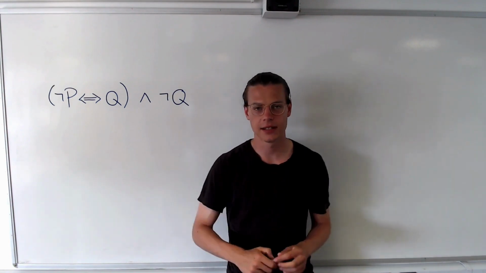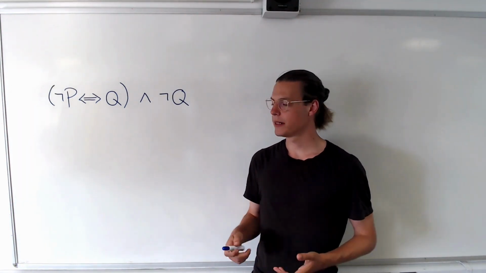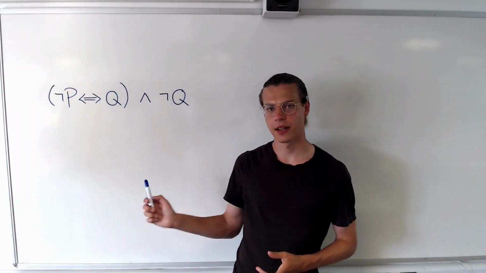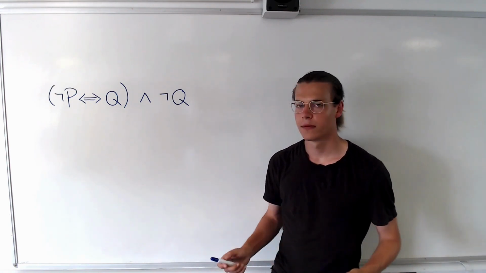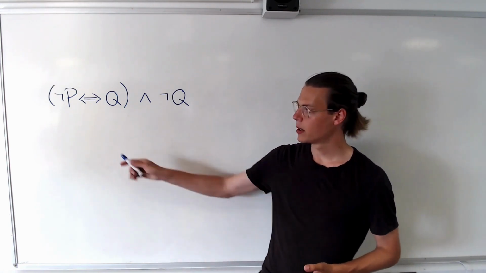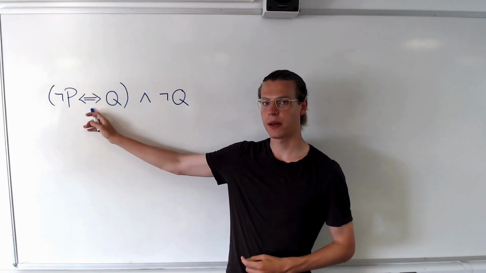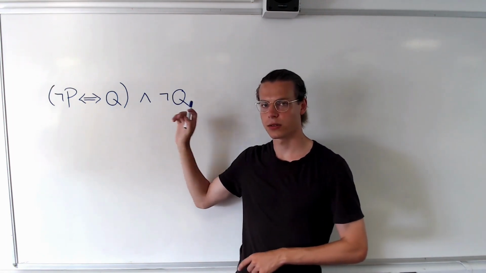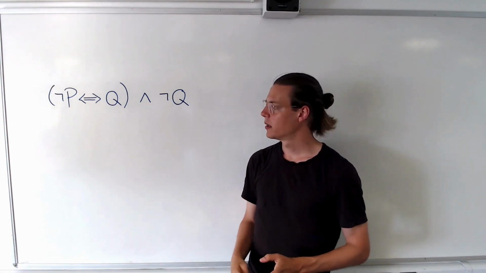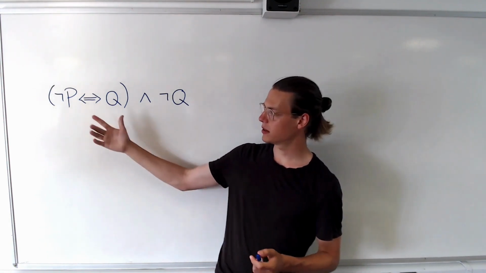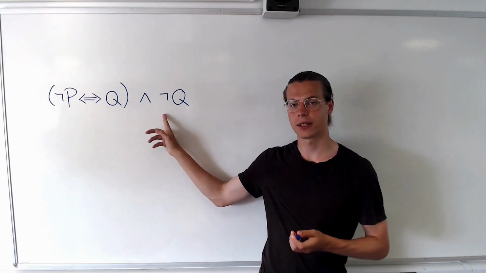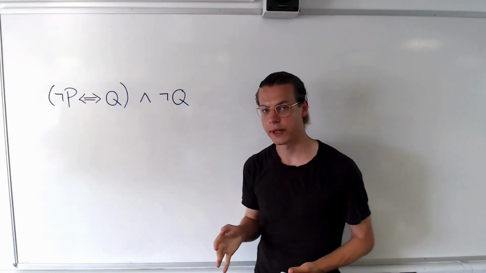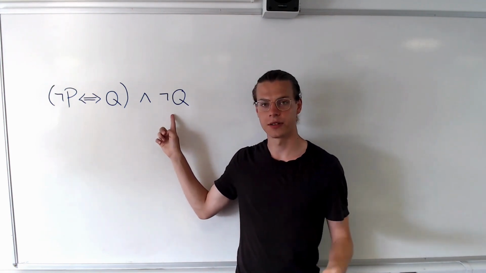Suppose this statement is true. What might the truth values of P and Q be? First, let's read this statement. Not P, if and only if Q, and not Q. Okay, so we have something and not Q. So straight away, we know that not Q is true.